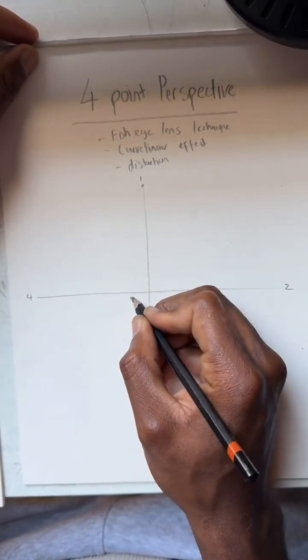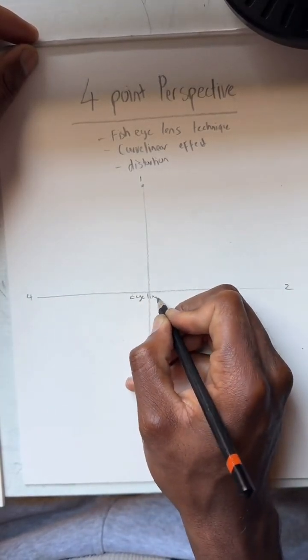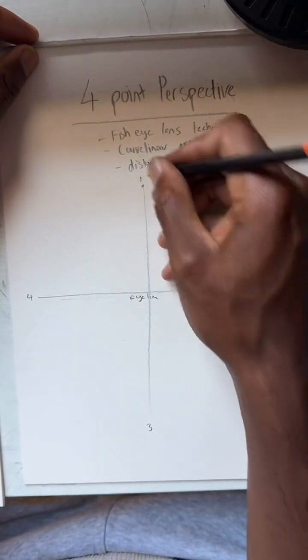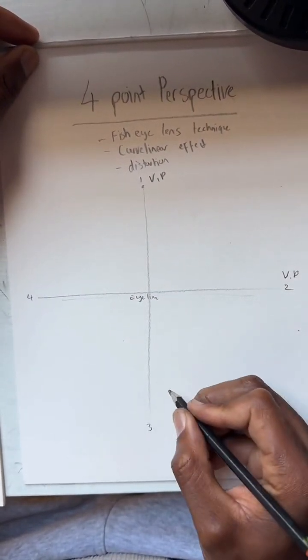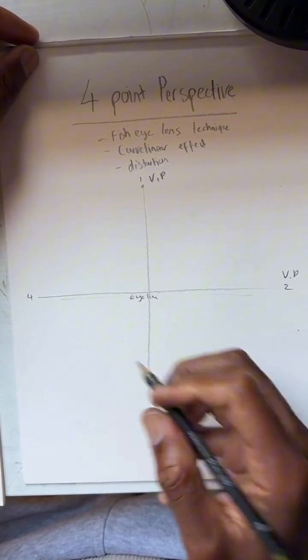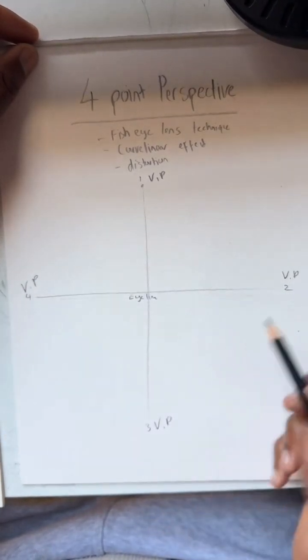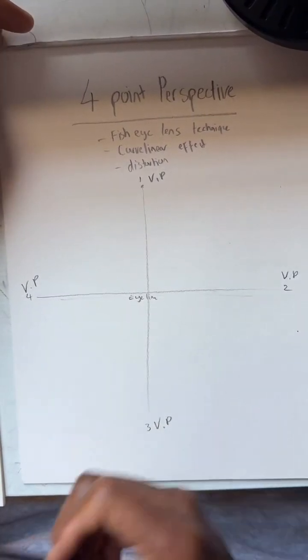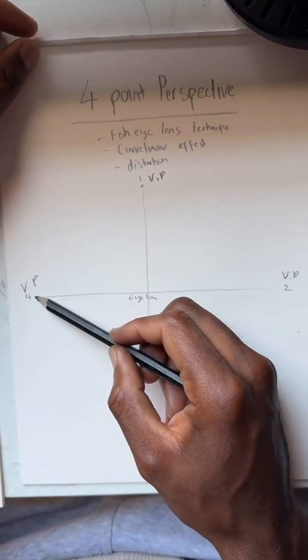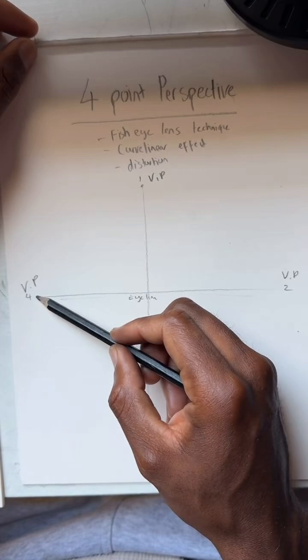But remember, this is still our eye line, this one here, and these are still our vanishing points. Now, it's going to be something quite different.